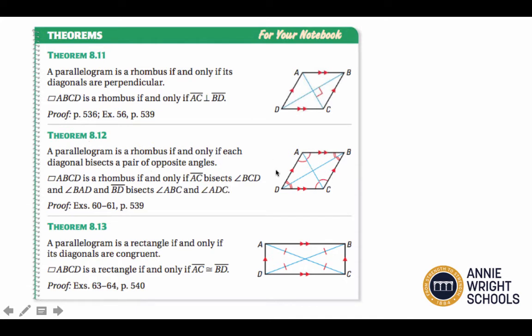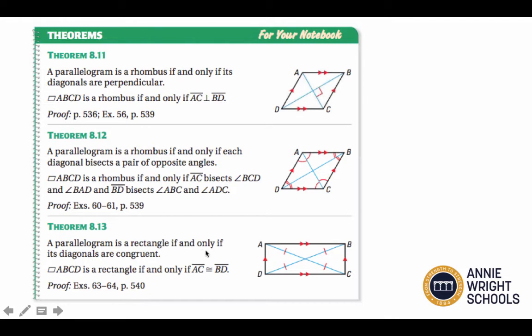You also know that if the angles of the quadrilateral are bisected by the diagonals, that's true if and only if it's a rhombus. So if rhombus, diagonals bisect these angles. If the diagonals bisect angles, then you can prove it's a rhombus.